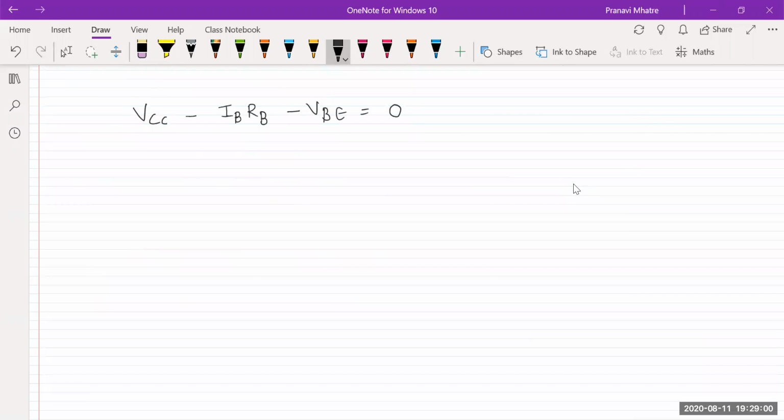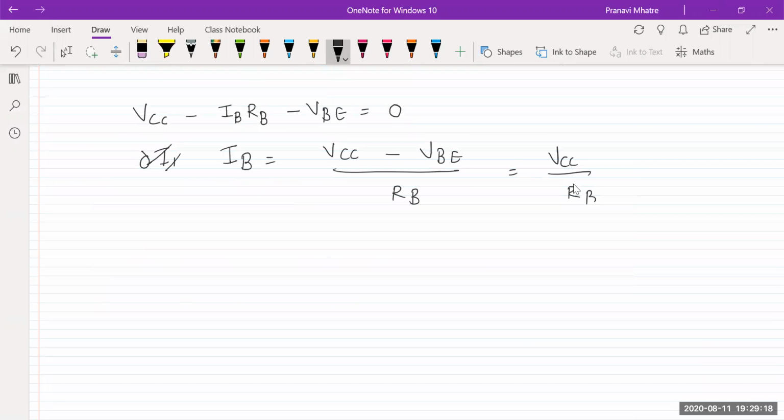So in this, you will differentiate this expression, that first of all find out IB. IB is equal to VCC minus VBE upon RB, that I can write down as VCC upon RB minus VBE upon RB. See now here, I want to find the derivative of IB with respect to IC.